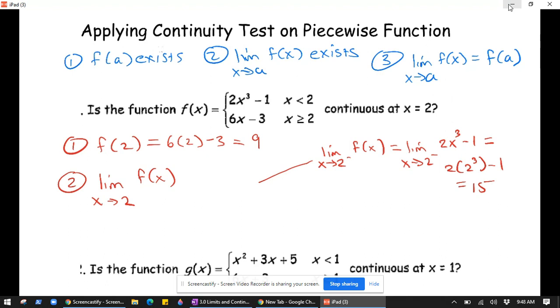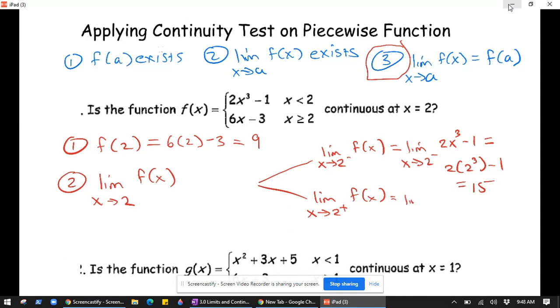At this point, I already know that it's not going to be continuous because the left-hand limit here doesn't equal the value of the function, and the only way for this last thing to happen is if they would agree. But just to be thorough, let me help you see how you would analyze the limit coming from the right. As you come from the right, the function is defined to be 6x minus 3.